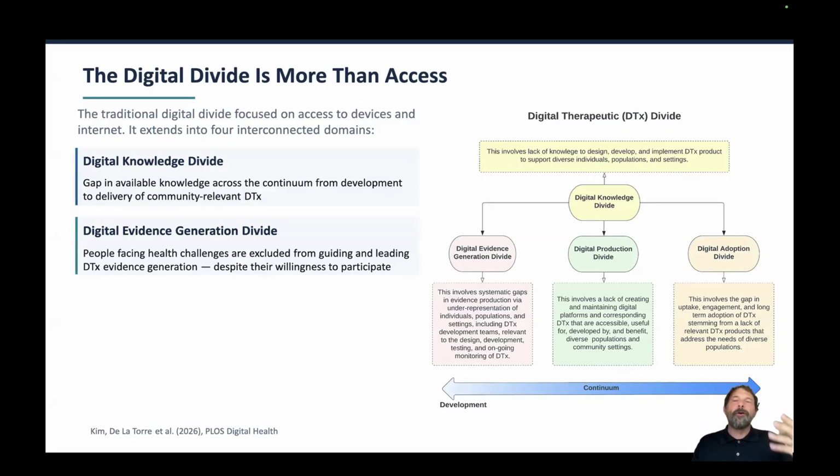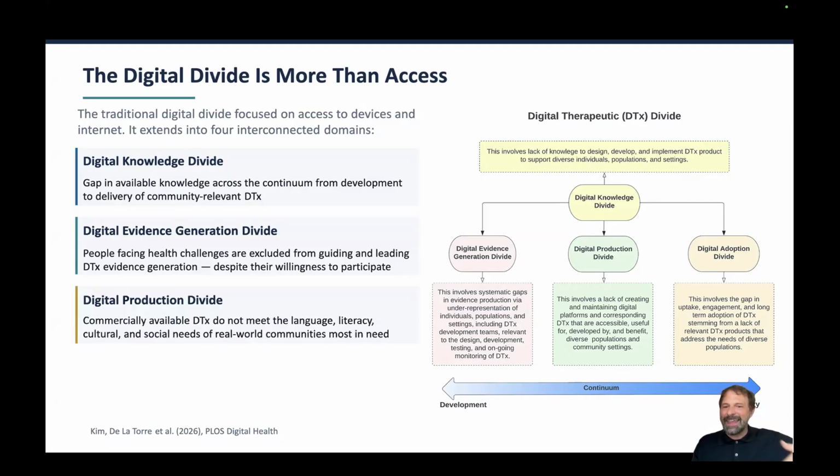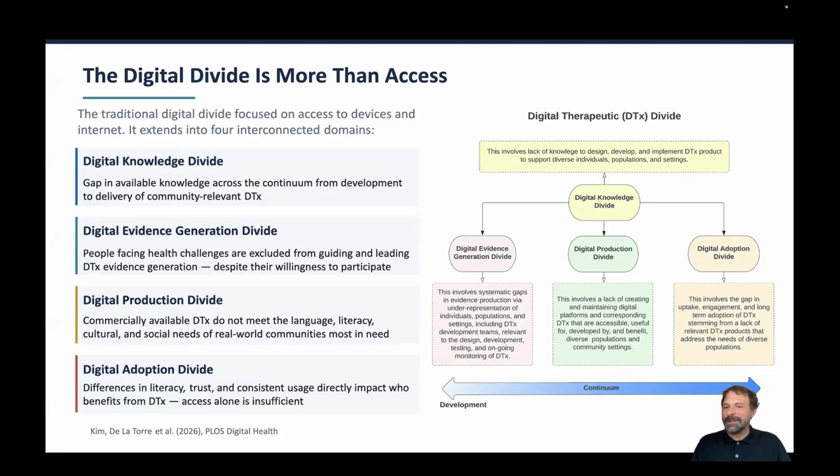How often is evidence produced without the people most involved in the work coming into play? And then that cascades into what then gets produced and who gets to adopt it, right? These are cascading effects. I'd invite you to look at the paper for more depth on all of this, but just as an overview, really trying to invite a much broader notion of a digital divide into here.